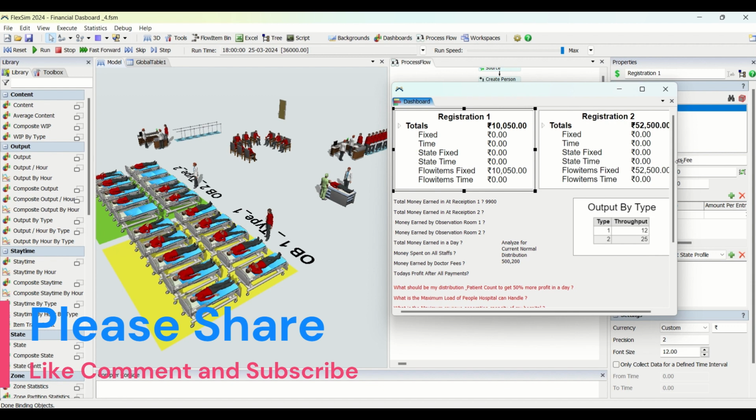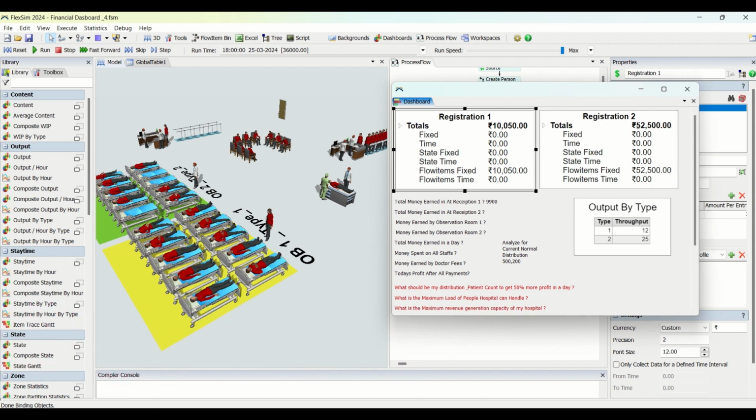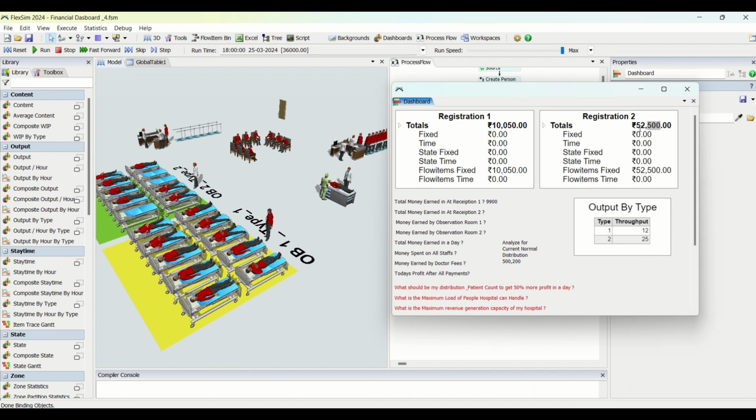And when I look at my observation collection, the fees paid by the patients for their time spent in the observation room, it is almost 52,500 rupees. So in total it is almost 62,000 rupees. In 10 hours, you are going to get 62,000 rupees.